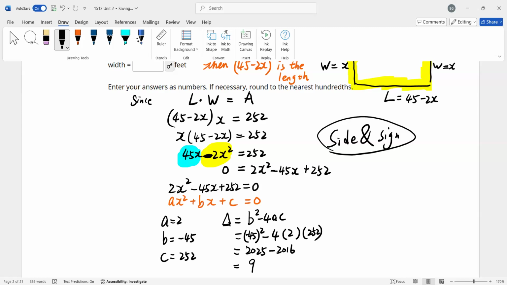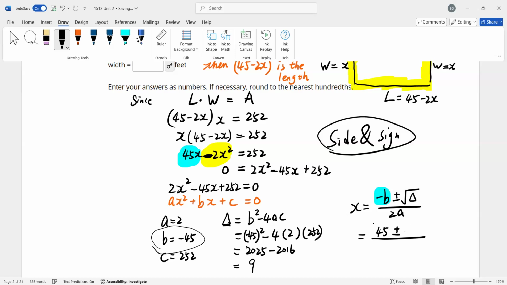So delta is 9. And the famous quadratic formula: x equals negative b plus minus the big square root. Under the square root, we have the discriminant, right? And all over 2a. Now let's plug in the quadratic formula. b is negative 45 right here. This is a common mistake, especially when b is negative. b is negative 45, so the opposite of b is positive 45.